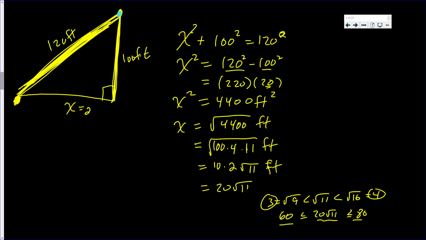This is 20 square root of 11, which is between 60 and 80. Now, if they say that you have to plant the tree at least 60 feet away from your house, you're perfect because it's more than 60, and it's less than 80. You don't care how much less than 80. You just want to make sure it's bigger than 60.